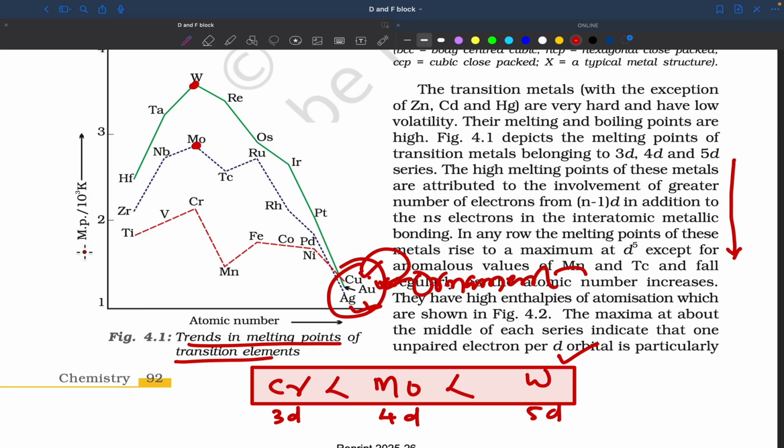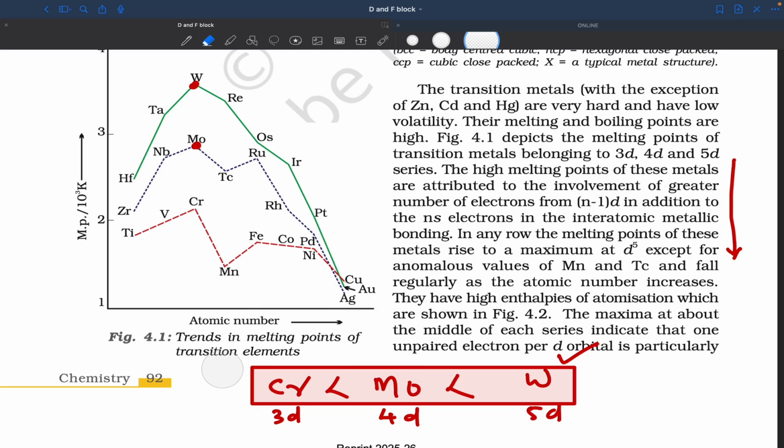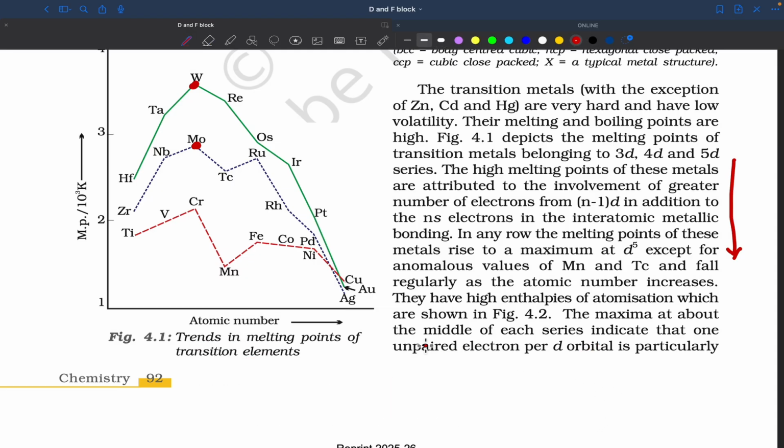They have the lowest melting points, that's why they are very good. They are malleable and very ductile, that's why they are used as ornamental ones, right? So these are the transition elements' melting points.